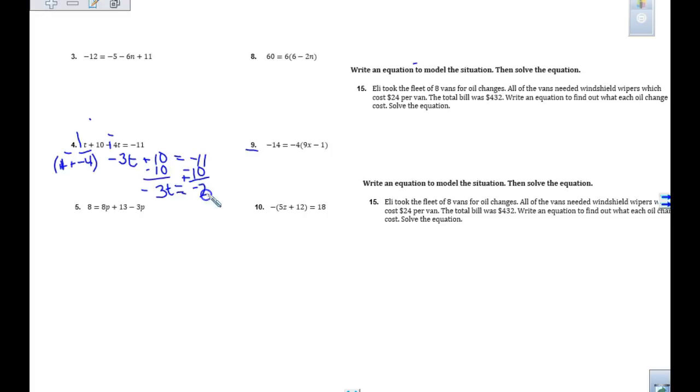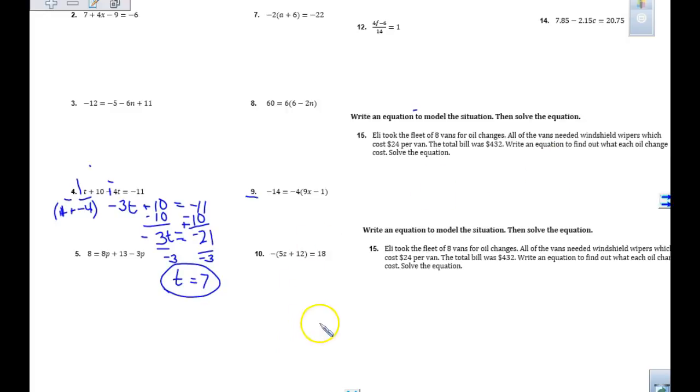That gives you a negative 21. If you're struggling with that part, put it in your calculator. At this point, we should be dividing both sides by negative 3. Negative divided by a negative, I should get t is equal to 7. You can plug it in and do the check. You could have checked your answers in the back of the workbook.